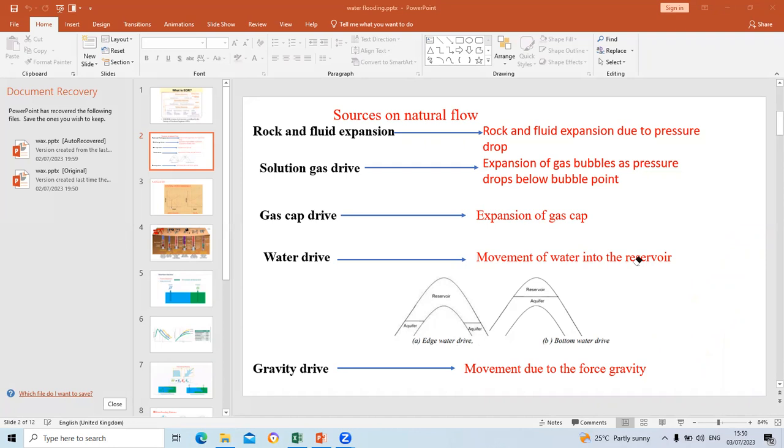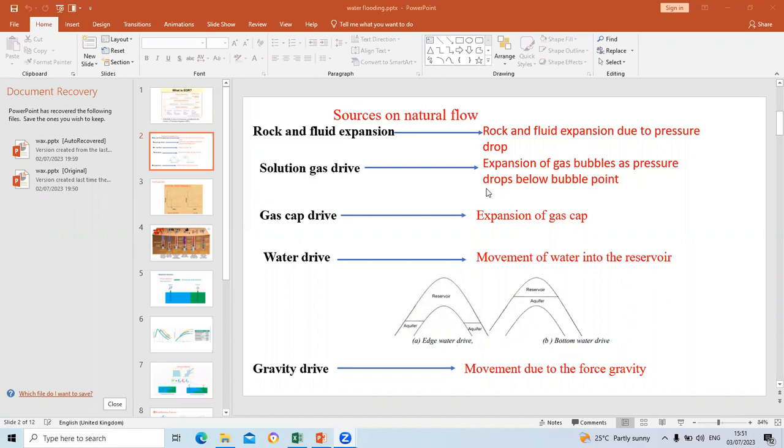Okay, so these are the primary sources of energy within the reservoir. If a reservoir is flowing naturally, then it has to be a combination of one or two or three or even all of these sources that combine together to ensure that the reservoir is producing naturally.